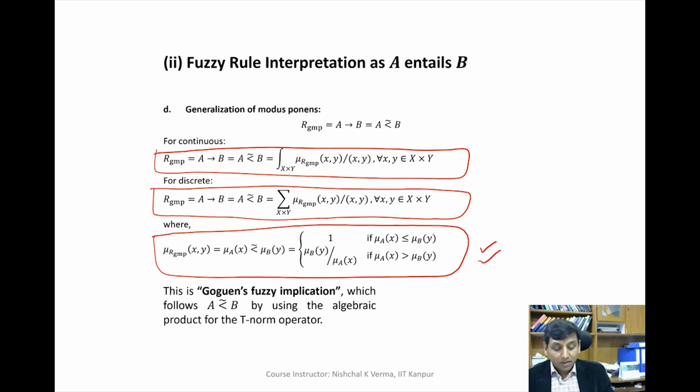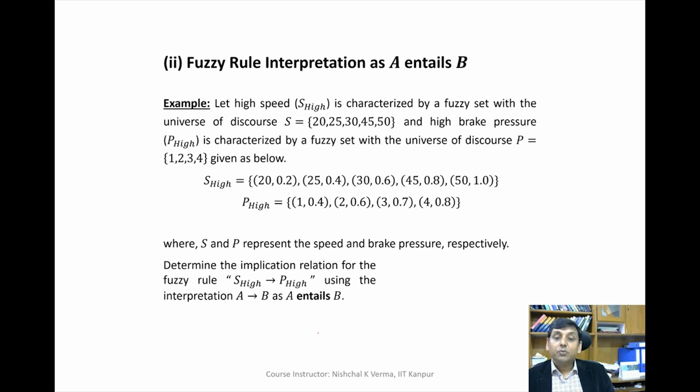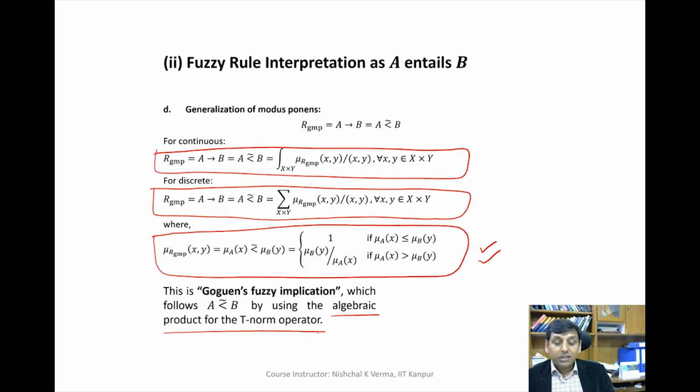This is called Goguen's fuzzy implication, which follows A tilde less than B by using the algebraic product for the T-norm operator. So this way we can very easily compute the fuzzy rule interpretation for A entails B for fuzzy sets A and B to get the fuzzy relation set.